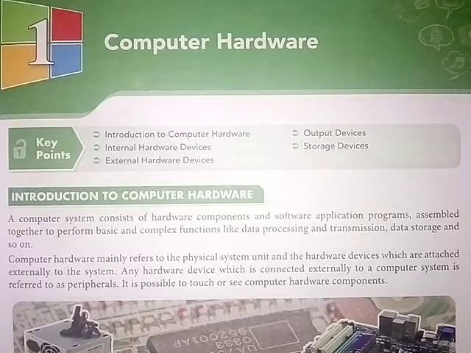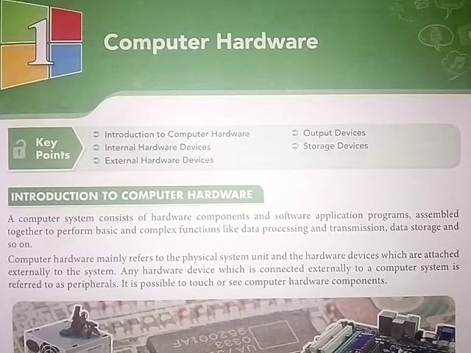Introduction to Computer Hardware. A computer system consists of hardware components and software application programs assembled together to perform basic and complex functions like data processing and transmission, data storage, and so on.